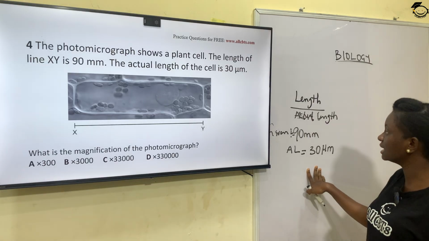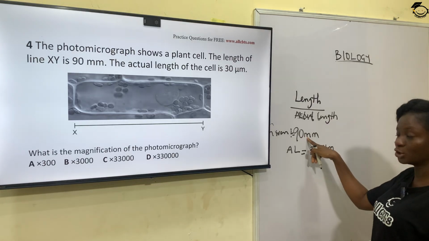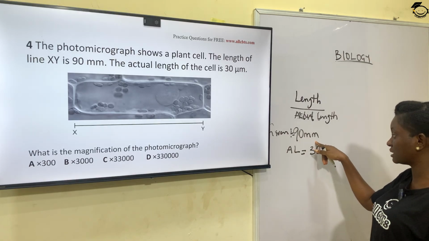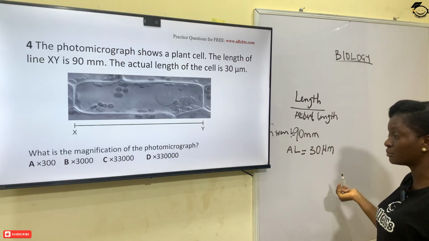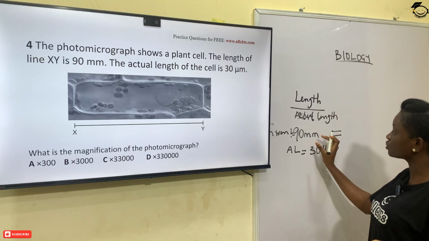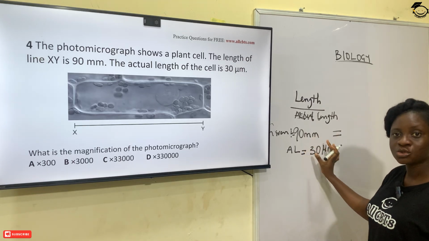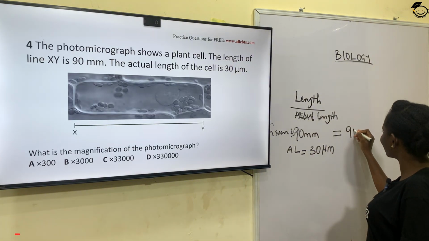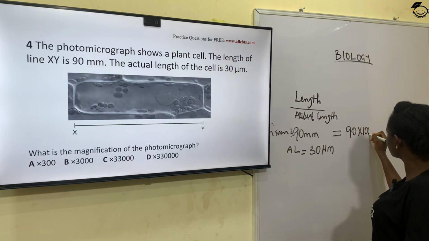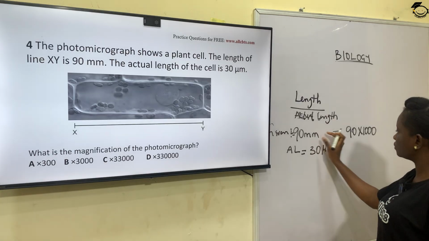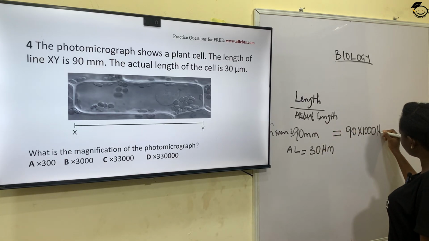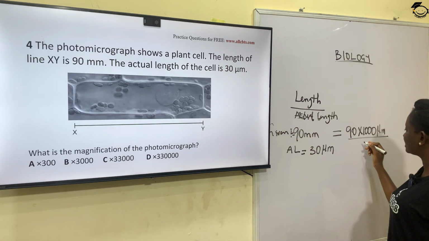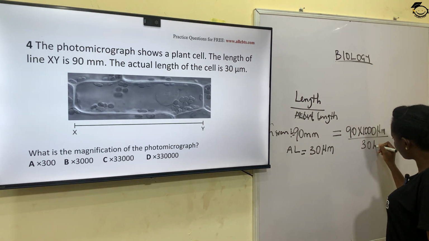And you see that the units are not uniform. So we need to convert these to micrometers so that we can have a uniform unit. To convert millimeters to micrometers, you multiply by 1000. So we have 90 times 1000 micrometers, all over 30 micrometers.